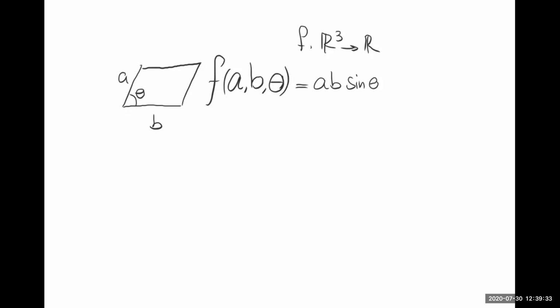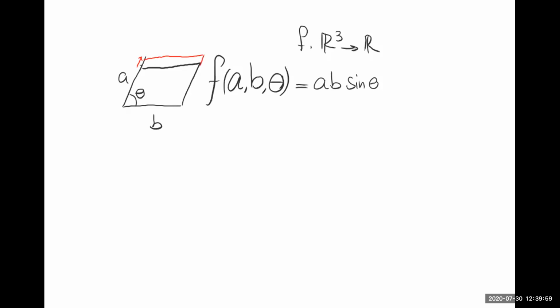Now, one person might start to change A a little bit. If you change A a little bit, for example, if you increase A very little, the area of this thing will change. How much does F depend on A?